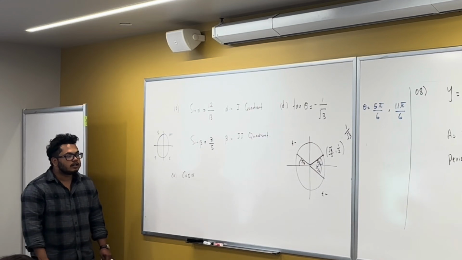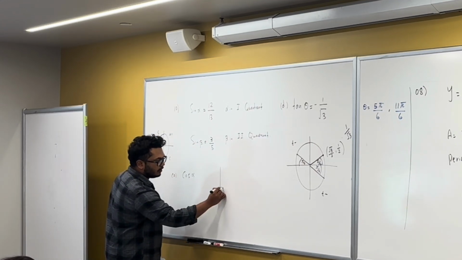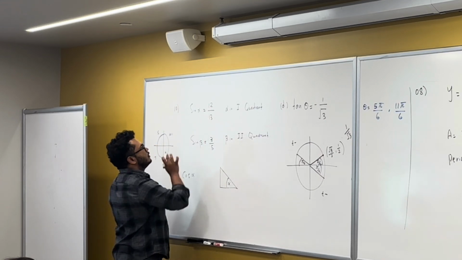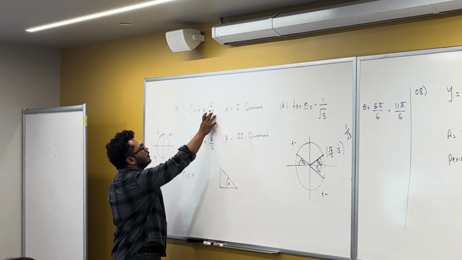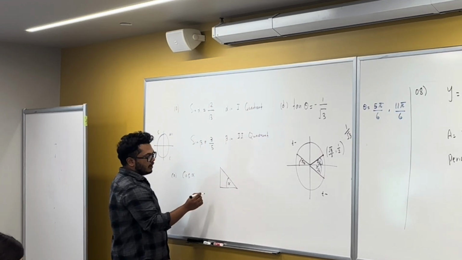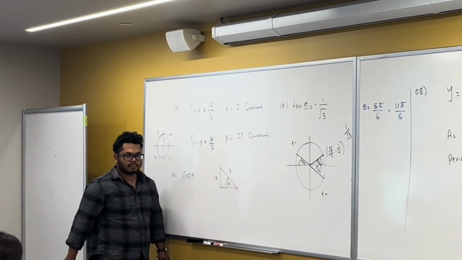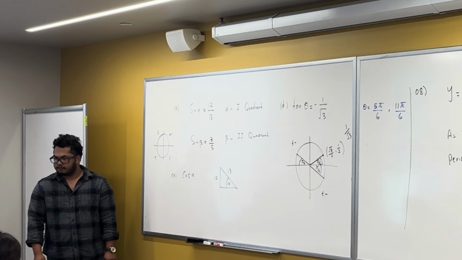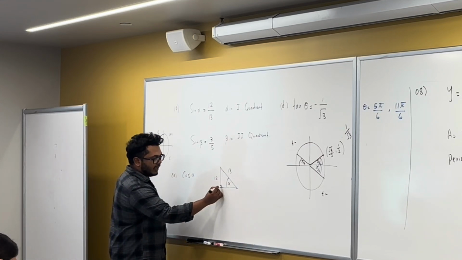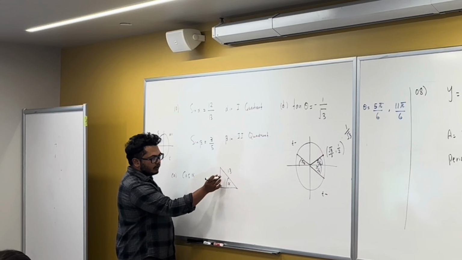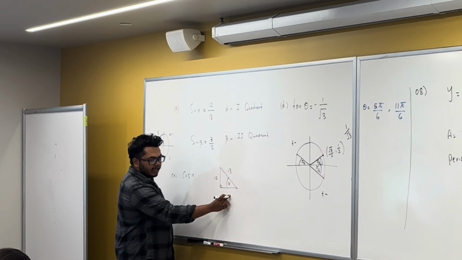Sine alpha given, how do you write cosine alpha? First, let me use the information you get. Sine alpha is opposite over hypotenuse. O over H. Okay. And if you know opposite O and H, how do you find A, adjacent?